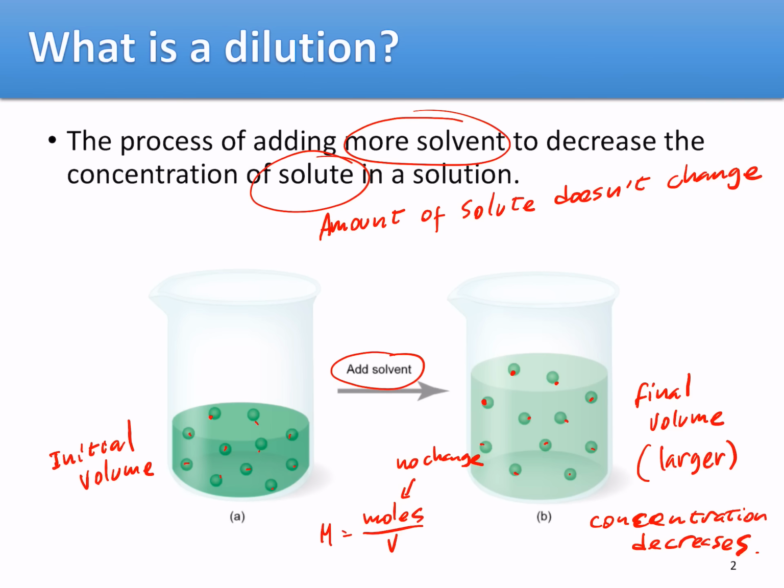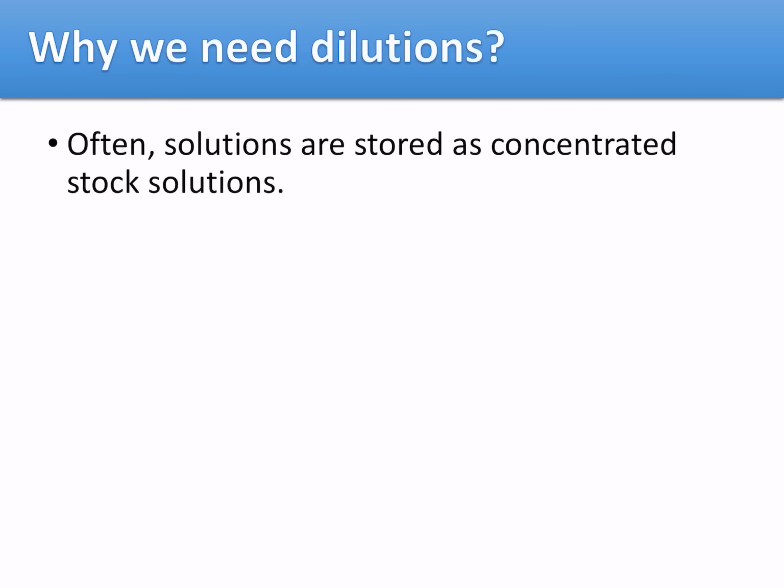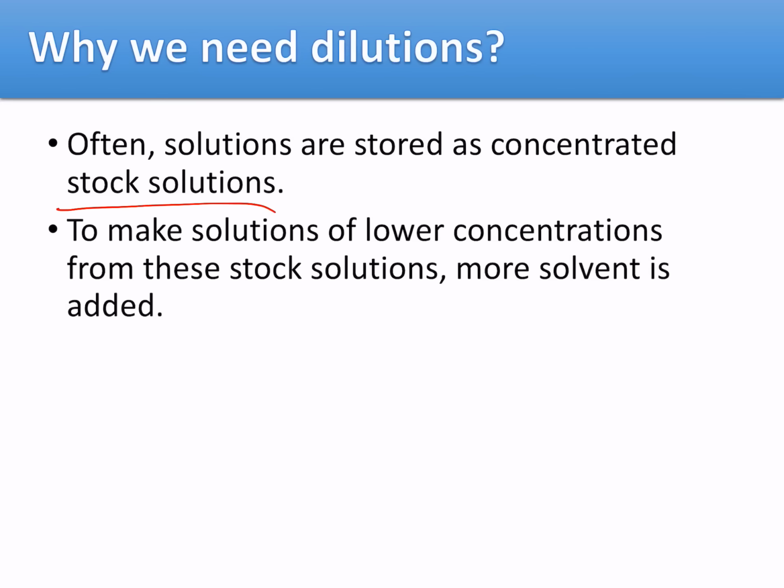So why would you do a dilution? What is it useful for? Normally when you are working with solutions, a common practice is to prepare a concentrated solution and then store it, and you call that a stock solution. It's just a solution that you have in storage, and from which you can take whatever volume you want to prepare a solution at a different concentration, usually a smaller concentration.